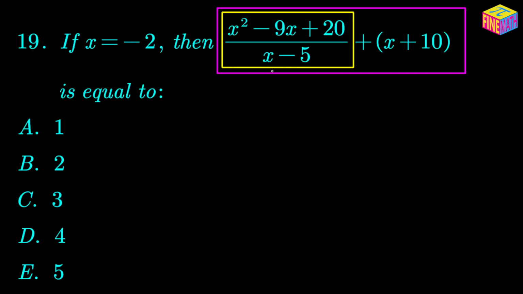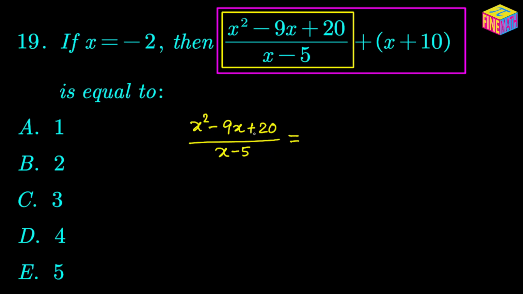So for this particular portion, we have x squared minus 9x plus 20 over x minus 5. Now the numerator looks like a quadratic expression, right? So can we somehow factor it? Maybe one of the factors should be x minus 5. That way maybe the denominator will disappear and the numerator will become much simpler. So let's give that a try.